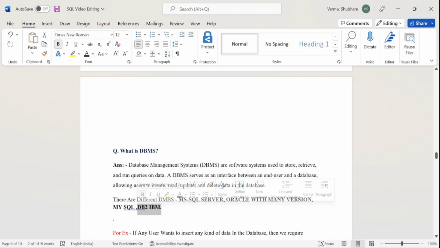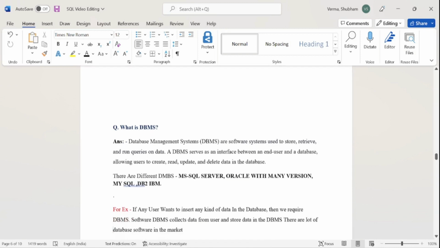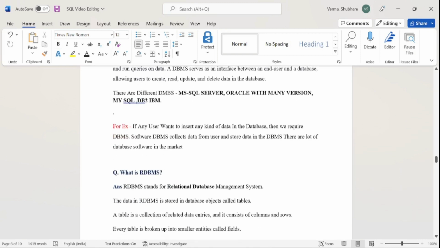So in this way, many organizations use different DBMS to manage and easily access the data. Here under DBMS, we can perform many kinds of operations. To manage these relational databases, we require some DBMS. So that's why a new term was generated, RDBMS, which is Relational Database Management System.